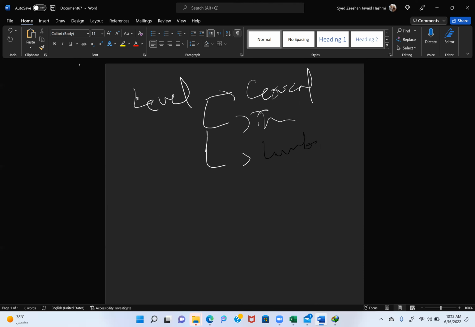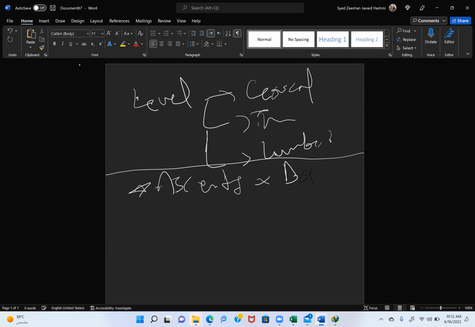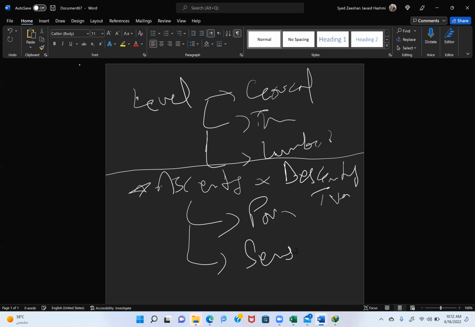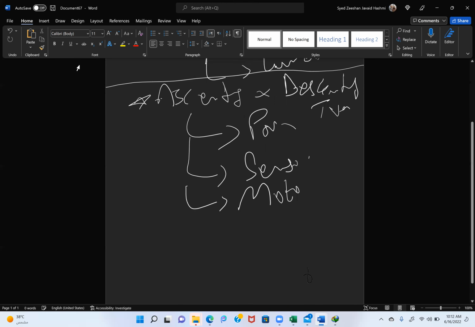The things that are happening are because of this, and then there are the ascending and descending tracts. And the senses or things which you are noticing are pain, sensory system, motor system, and autonomic system.